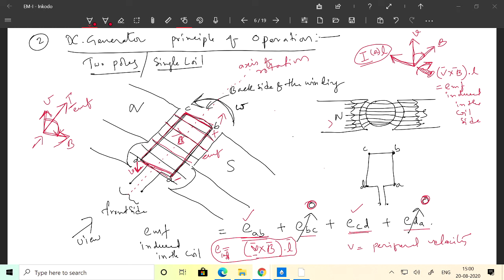Still many people are saying they can't see the whiteboard. I think I'll continue this in the next class. There may be some issue. Chetan, tell me.